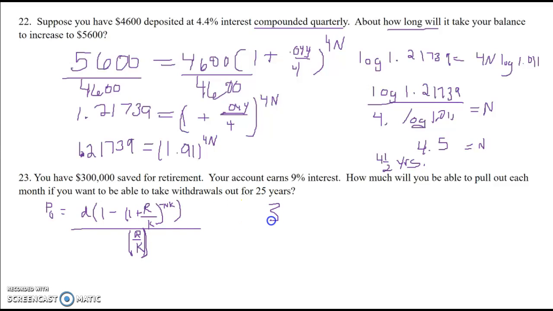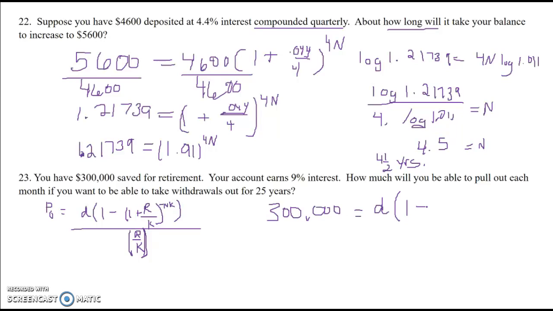So I know that I have 300,000. And that's going to be equal to D is what I'm looking for, times 1 minus... I'm thinking that if you get one of these wrong, it's basically just going to be a little, silly mistake, because these formulas are really complicated.